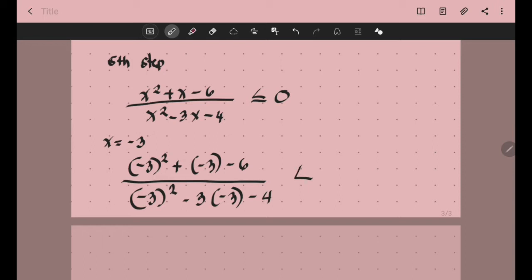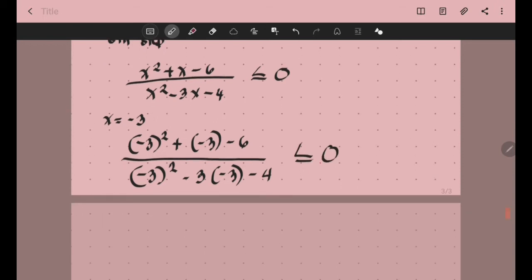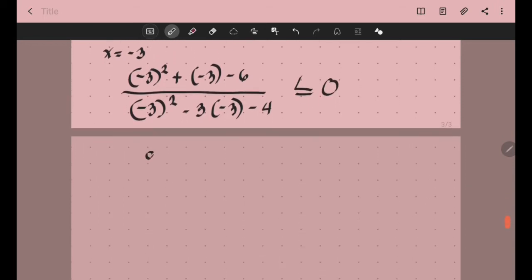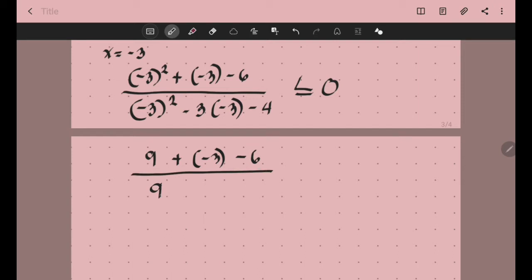Is it less than or equal to 0? So we have 9 plus negative 3 minus 6 all over 9 minus 3 multiplied by negative 3 is negative 9 minus 4. Is it less than or equal to 0?